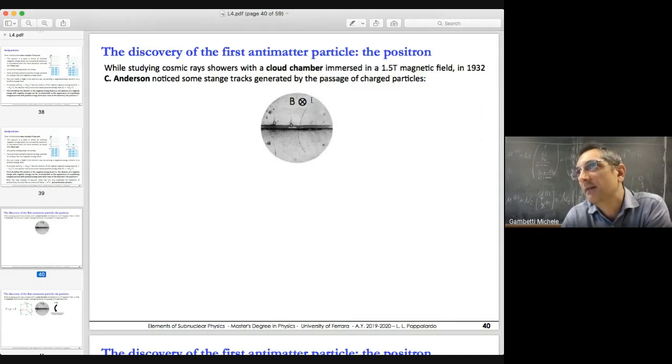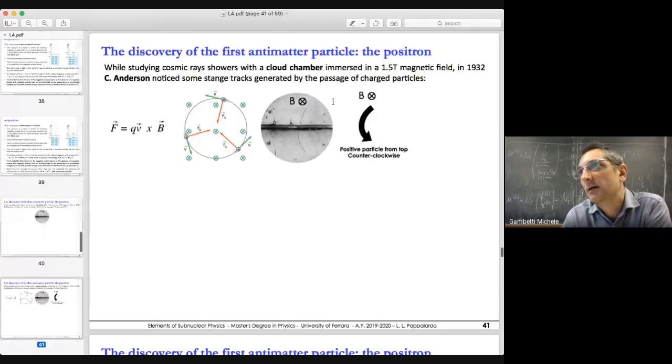during his studies he found some very strange tracks, like the one you see here. Why is this track so strange? First of all, you have a charged particle crossing a magnetic field, so it experiences a Lorentz force like this. That means that the charged particle will be bent into some kind of circular trajectory by the magnetic field, as you know. So this kind of track here could be interpreted in two ways, given the magnetic field in this direction.